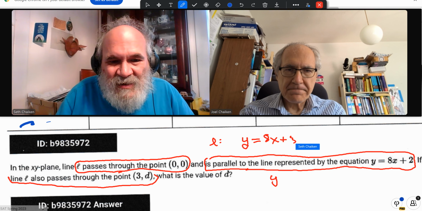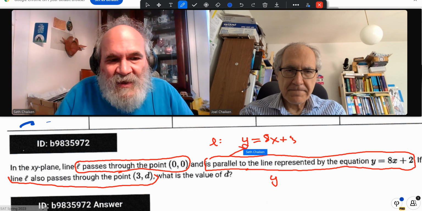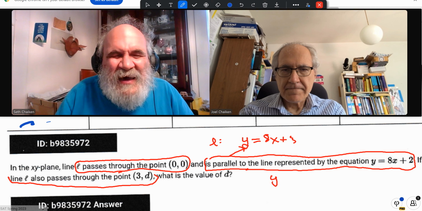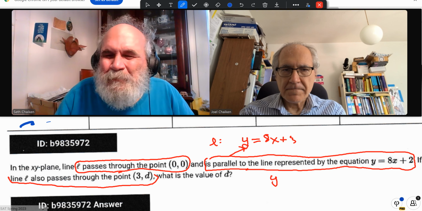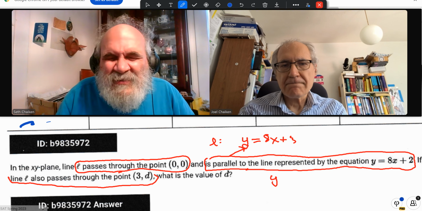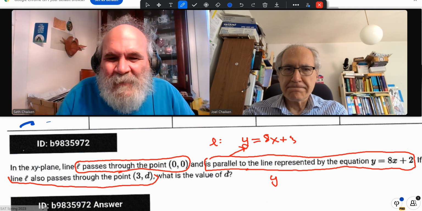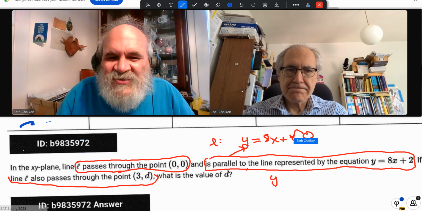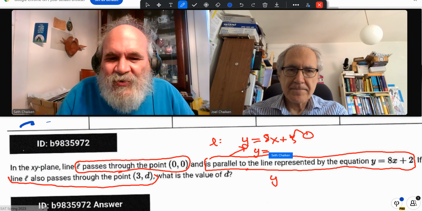Now, it says line L passes through the point 0, 0. Therefore, the constant term is 0. Okay, so the equation for line L is y equals 8x.